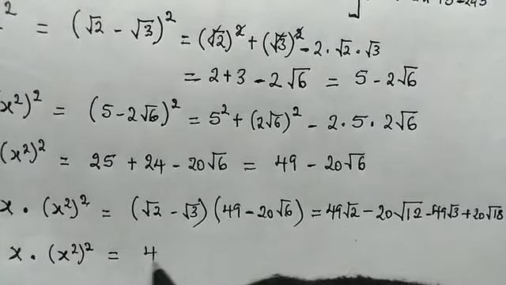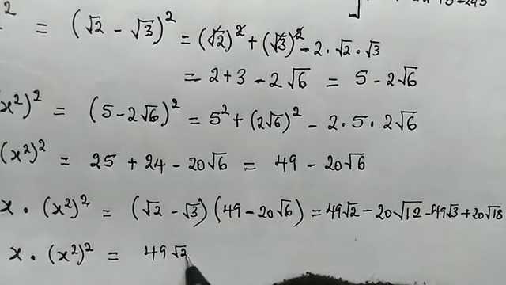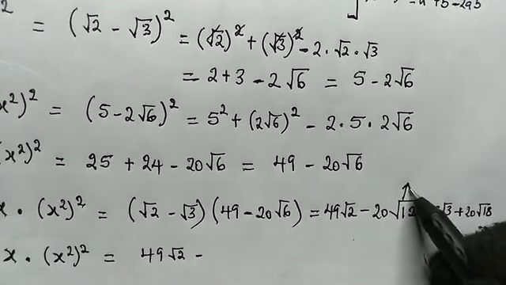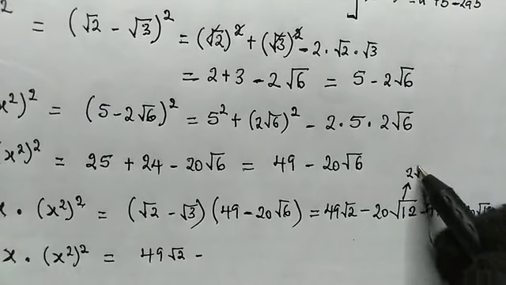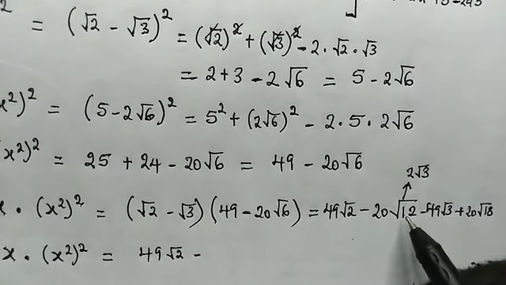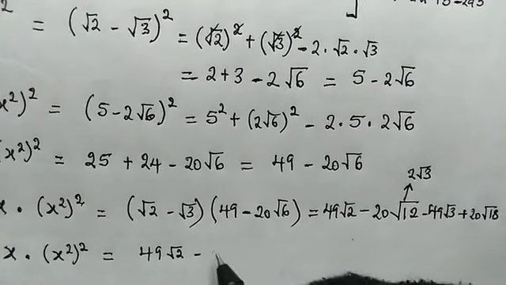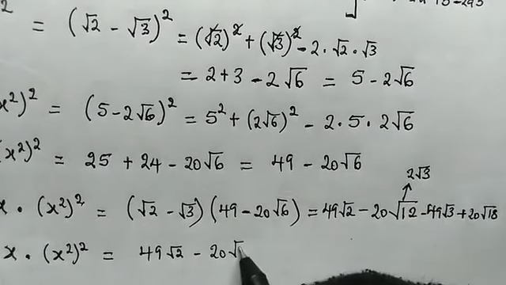we have 49 root 2 minus, so we all know that root 12 simplifies to 2 root 3, right? Because 12 is the same as 4 times 3. Square root of 4 is 2, then root 3. So this will be 20 root 3.